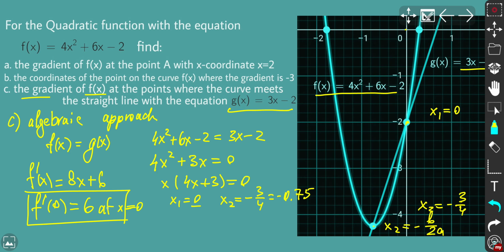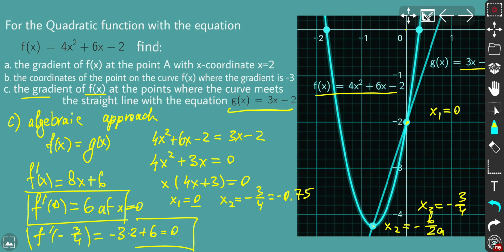Okay, and the second one, f prime of negative 3 over 4. So that's the second one. And if you plug that in, you'll have negative 3 times 2 plus 6 equals 0. So in this case, f prime at the second coordinate, negative 3 over 4, will give us 0.